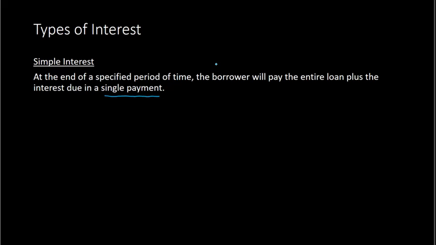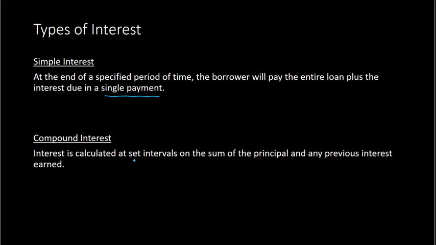Whereas compound interest is calculated at set intervals on the sum of the principal and any previous interest earned. So you're going to make payments or earn interest as time goes on over set intervals instead of just in one payment.